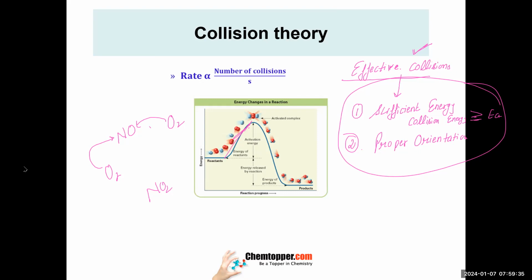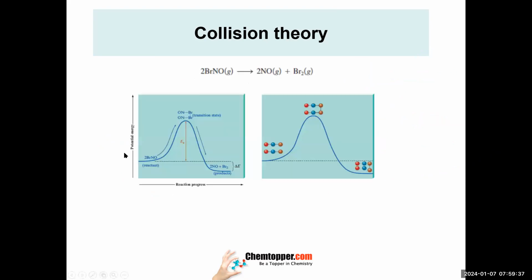Now, what do you mean by transition state? Where is the transition state? Can you write down what is here? What is this? What should I write here? See, it's written here only. This is the energy of the reactant.